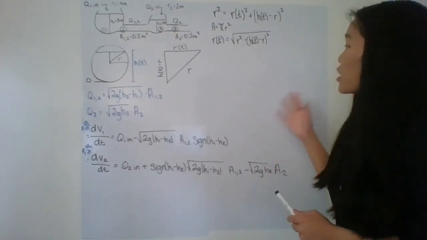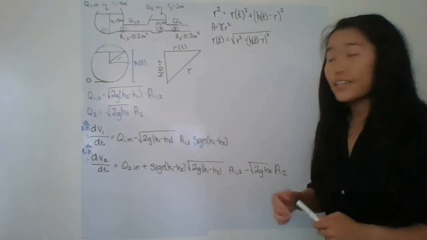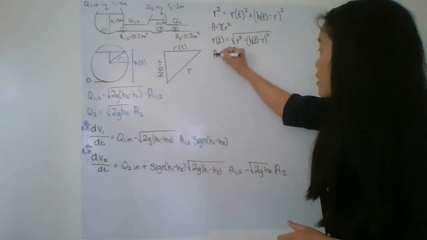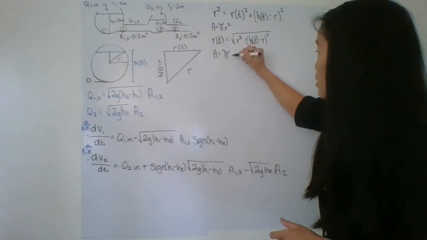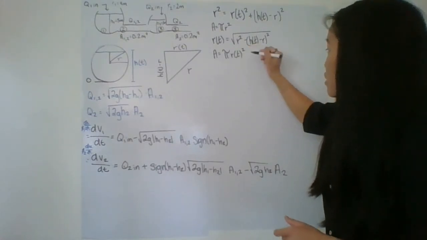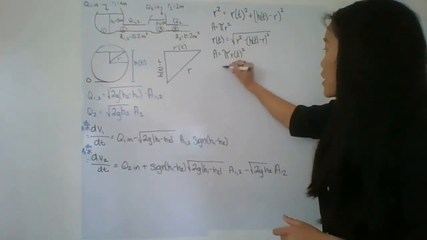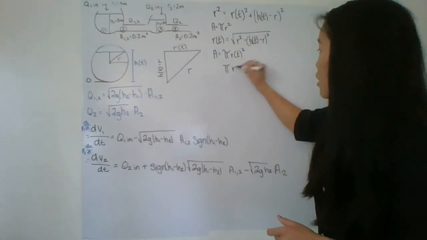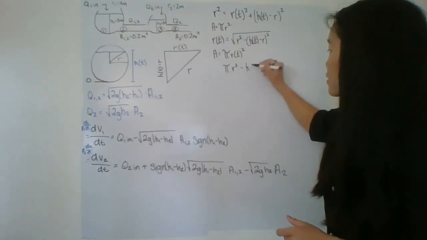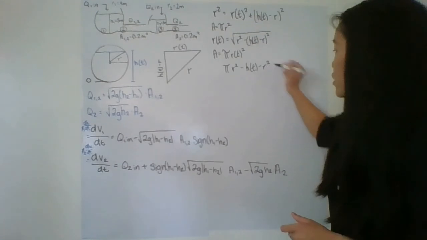So now we want to solve for the cross-sectional area of these tanks. So we have A equals pi times r(t) squared. Substituting, we end up getting pi times (R squared minus (h(t) minus R) squared).